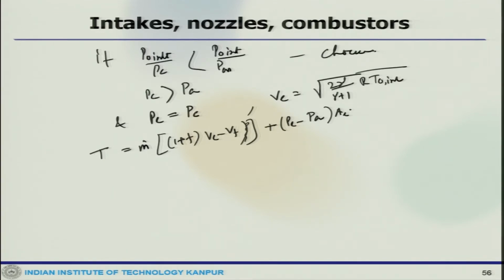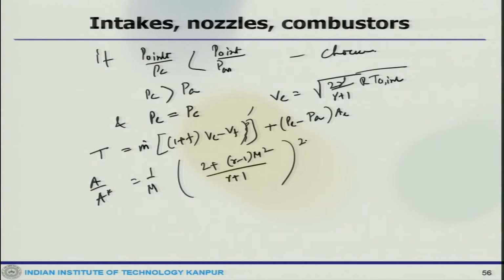For the isentropic relation and conservation of mass in both the exit and interior sections, one can write A by A star as 1 by Mach number times [(2 plus (gamma minus 1) M squared) by (gamma plus 1)] to the power (gamma plus 1) by 2(gamma minus 1). And the expansion area ratio for nozzle design is epsilon, A exit by A throat, which is A E by A star.